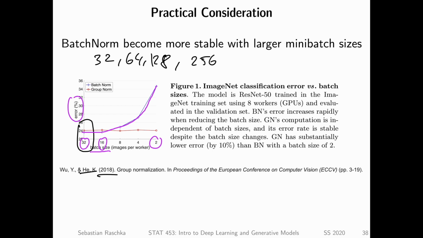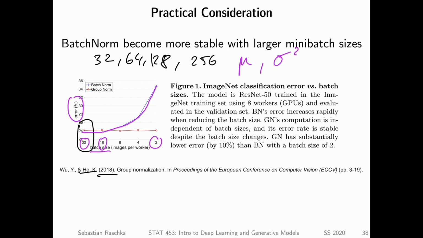If you go smaller than 32, usually you get poorer performance. And that is of course because your mean and standard deviation are computed for the mini batch. So if it's too small, then it's too noisy. The mean and variance will be too noisy if you just use very, very small batches.